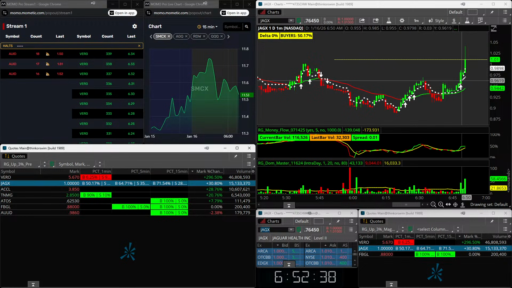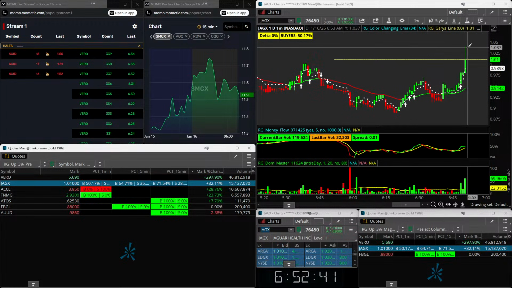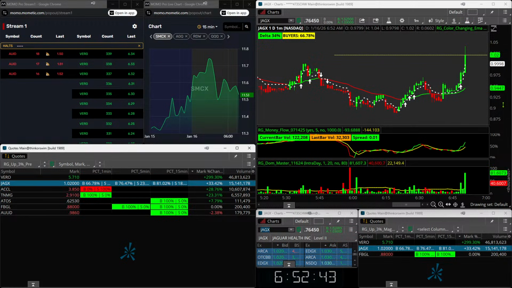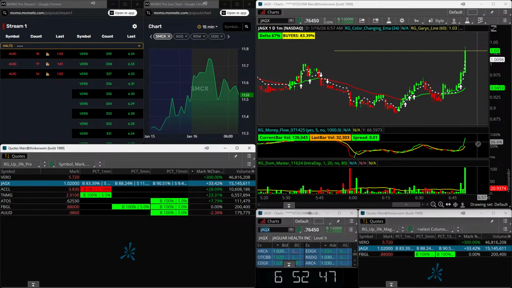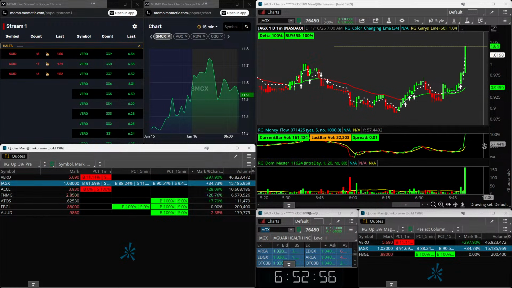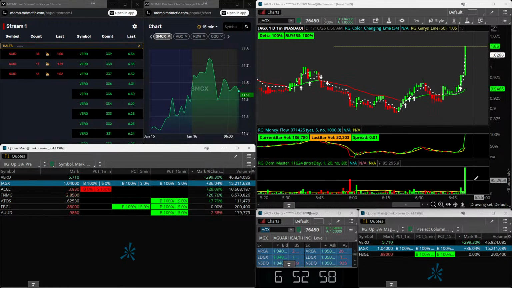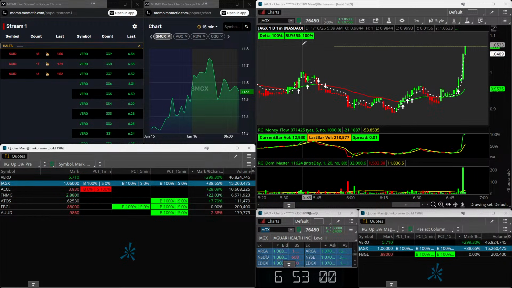So I was notified here, and now it spiked up to there. Watching the indicators, money flow slow, volume is still slow, but picking up speed. Buyers are still present. Nice tall bar, 100%.